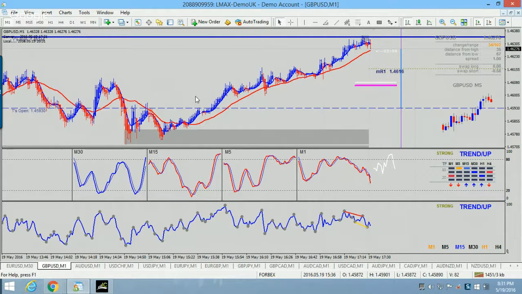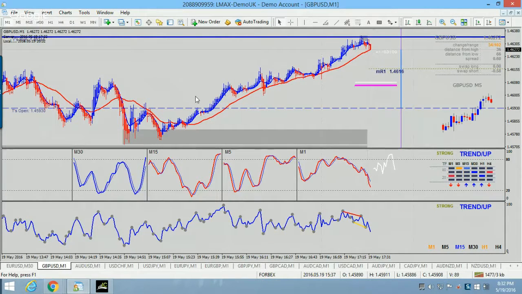Previously, those who were attending the webinar already know that we were talking about the pivot indicators and why they are so important, the levels they are showing: support, resistance, Fibonacci lines, and of course consolidation areas.